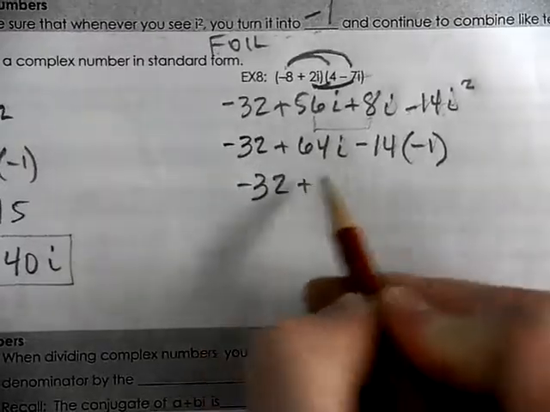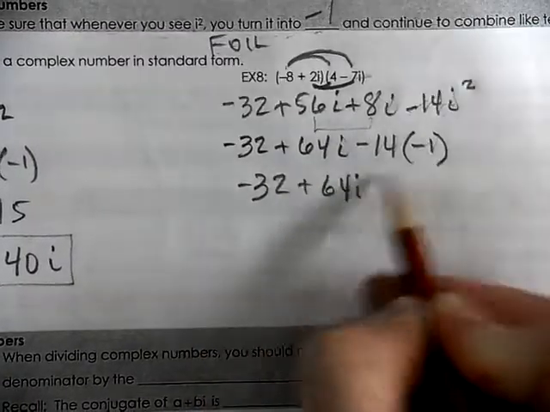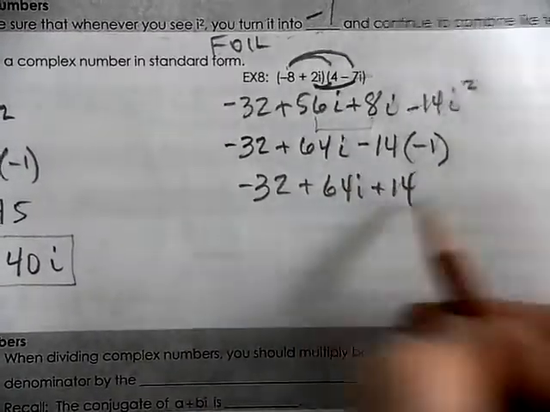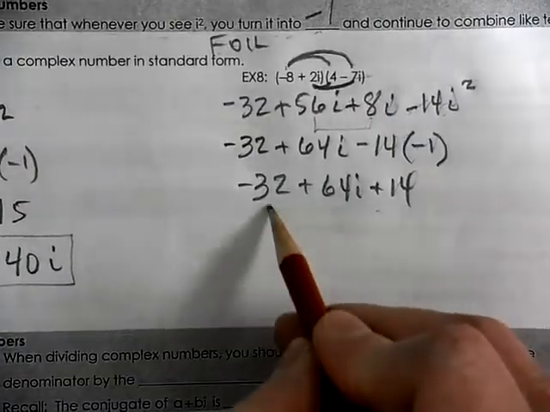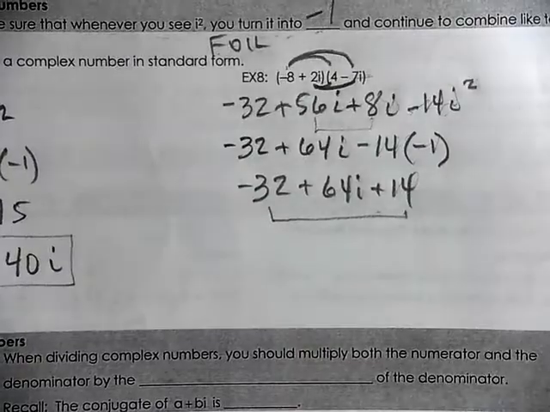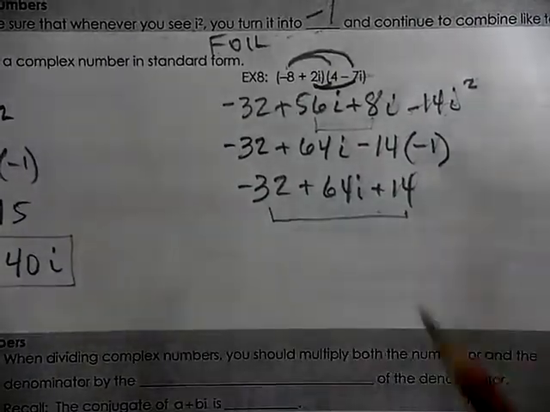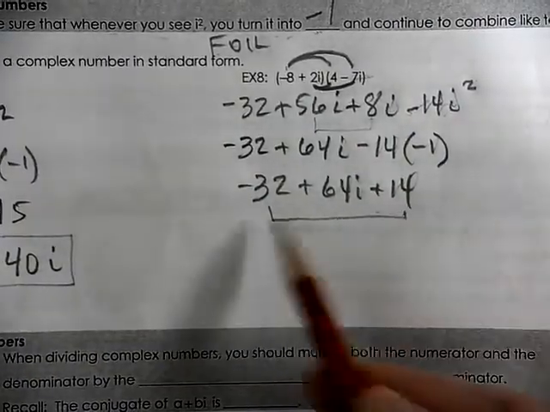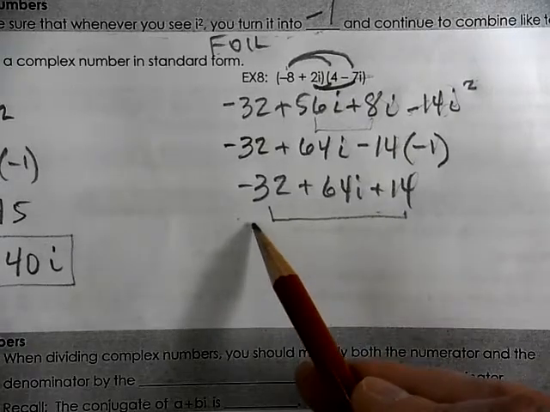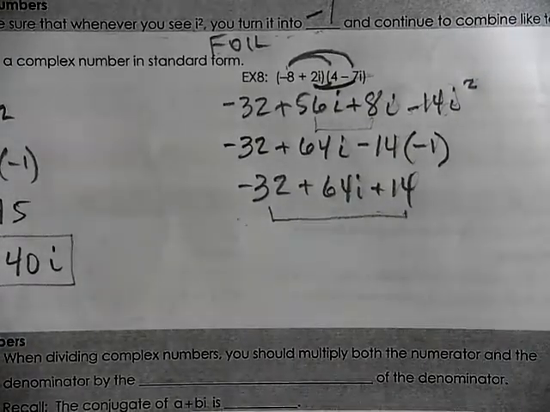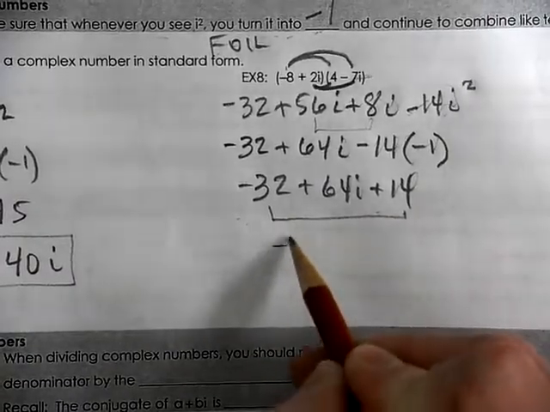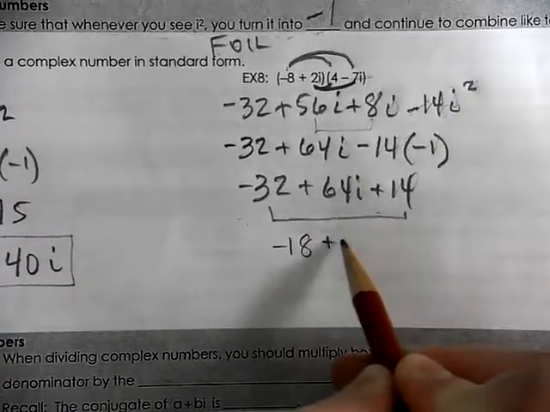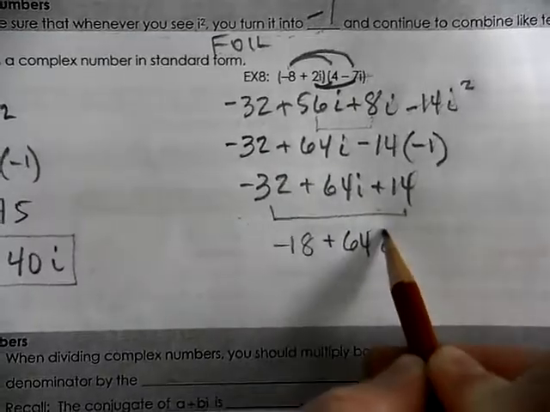You know that when you multiply a negative number by -1, you make it a positive number. And then we can collect our like terms. What you don't want to do here is say -14, -14. We don't have an equal sign. We're not doing the opposite. We're just collecting them as they are. So this is -18 plus 64i.